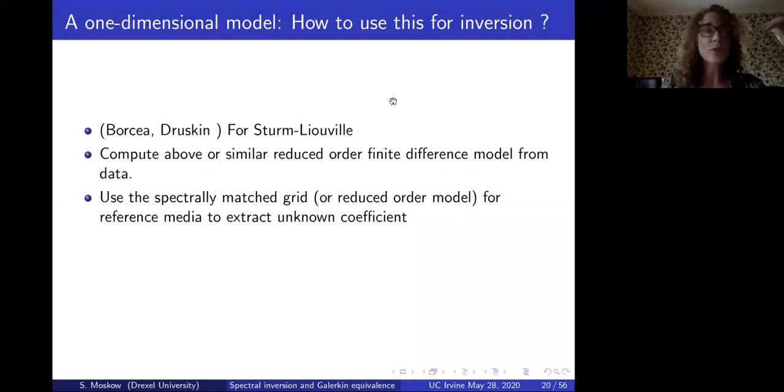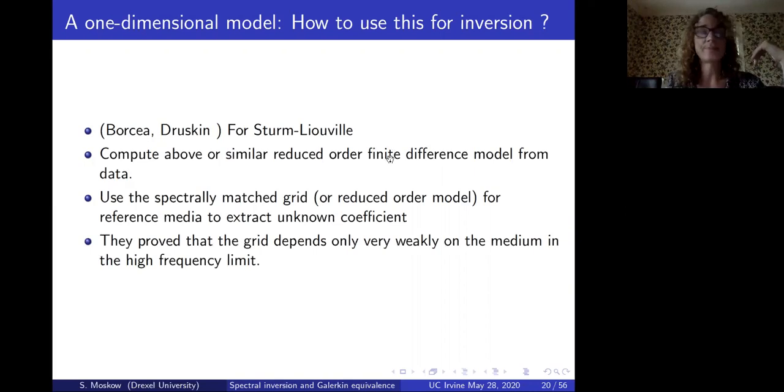Use the spectrally matched grid for the reference media to extract the unknown coefficient. The reason that worked was that they were able to prove that the grid depended only very weakly on the medium in the high frequency limit. So that allowed them to use the grid for a reference medium in order to extract the coefficients for the unknown perturbed medium.